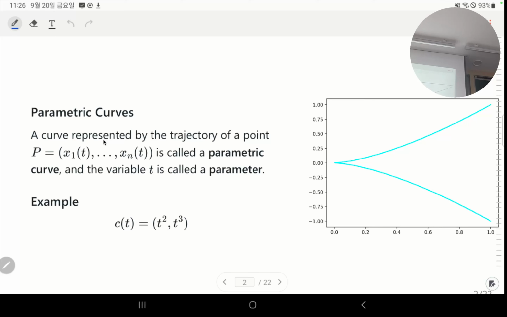It's a function having one input variable and several output variables, so two or more output variables. In this case, we have t, a single input variable, and two output variables, which are formulated as t squared and t cubed.